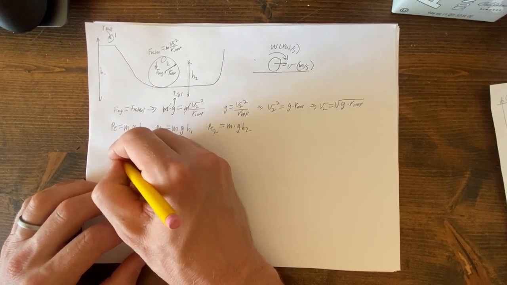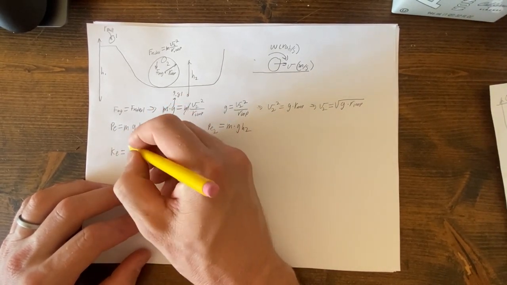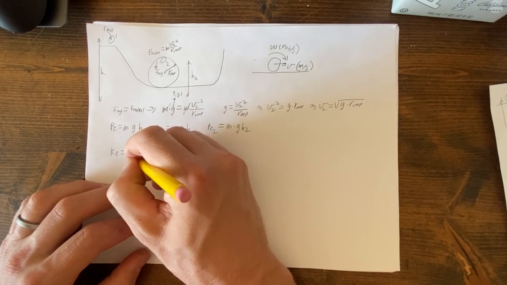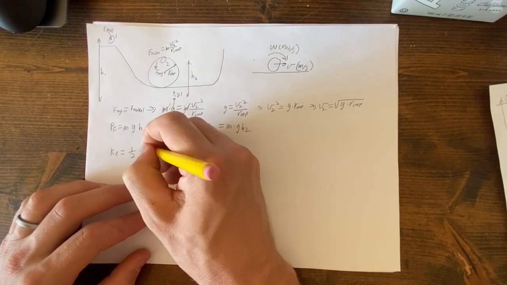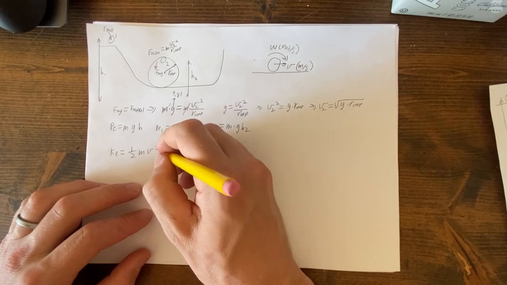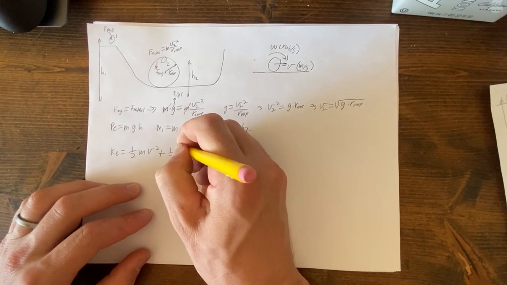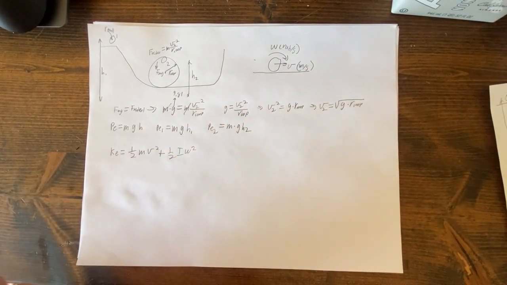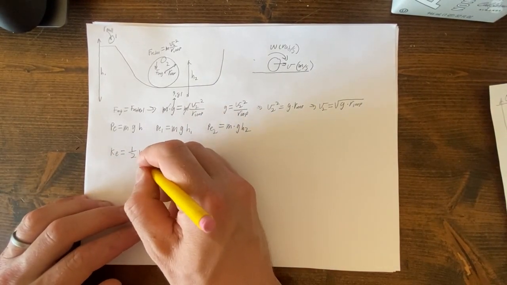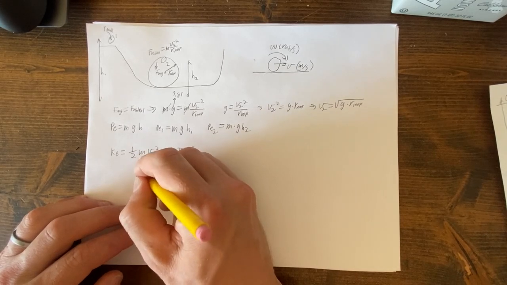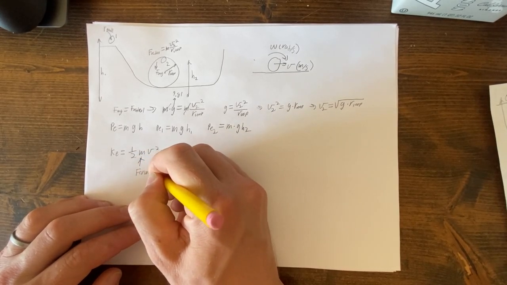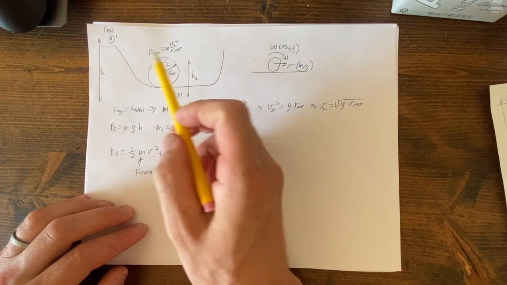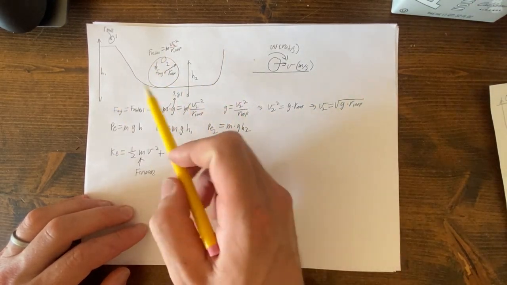So you have kinetic energy in general, which is going to be 1/2 mv squared plus 1/2 I omega squared. Again, this decomposes into your forward, I don't want to say linear because we're going to be going through all these elements, including a loop.